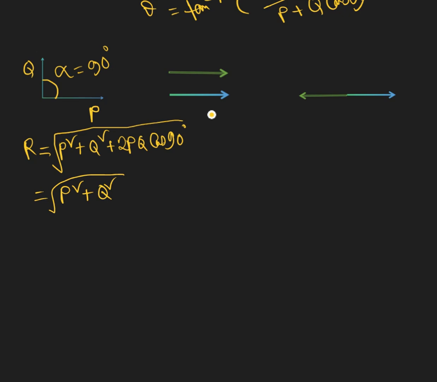And here, this is P vector and this is Q vector, and obviously in between these two vectors there is no angle. It means the value of alpha is equal to 0 degrees.